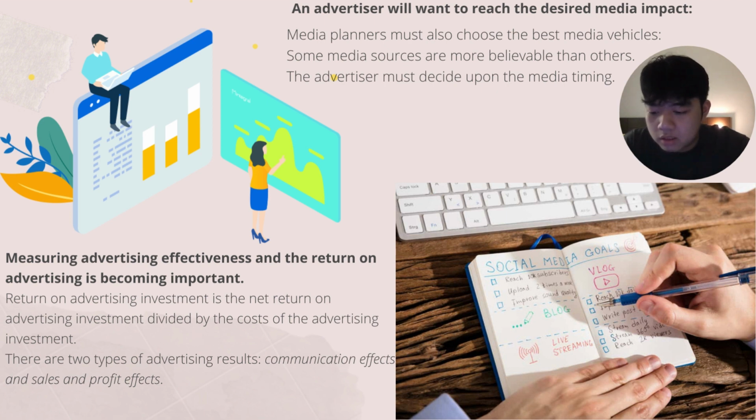Measuring advertising effectiveness and the return on advertising are becoming important. Return on advertising investment is the net return on advertising investment divided by the cost of the advertising investment. There are two types of advertising results: communication effects and sales and profit effects.